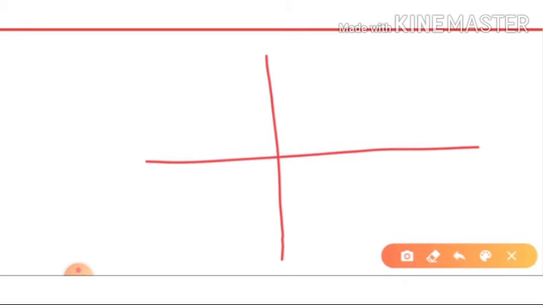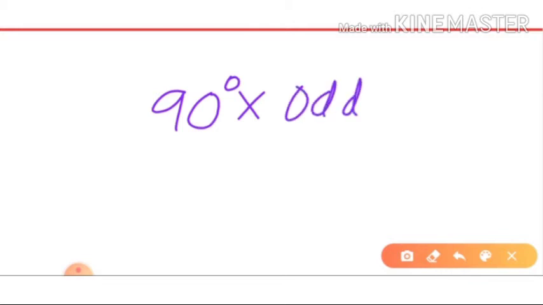Now how to find the sign convention? Whatever the angle is given, you have to divide it by 90, and if it is an odd multiple, then remember it changes.